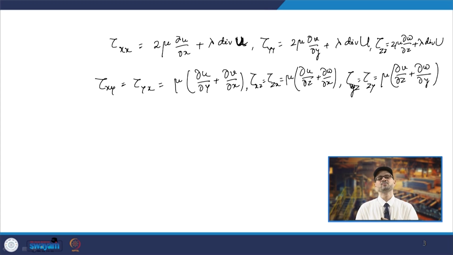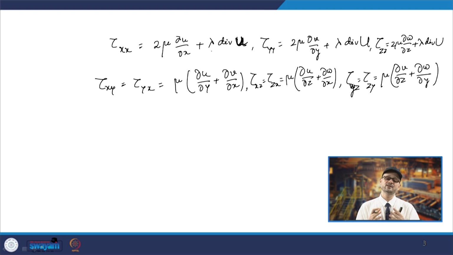The term lambda, not much was known about it earlier, but its effect is said to be very small as compared to mu, and it is normally taken to be about minus 2 by 3 mu. That is basically suggested by Schlichting, who was also a researcher, and there is a book on his name also. So, he has suggested the value of lambda as minus 2 mu by 3.